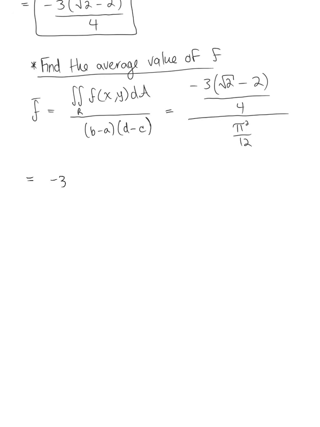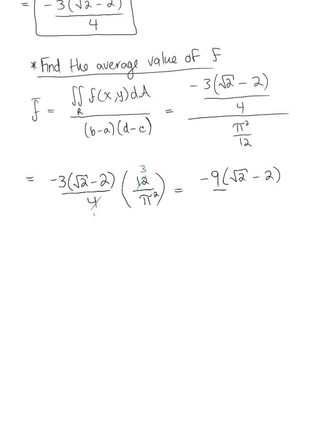So this becomes negative 3 multiplied by the square root of 2 minus 2 divided by 4 multiplied by 12 all over pi squared, which we can simplify. We know that 4 goes into 12 3 times, leaving us with a beautiful final answer of negative 9 multiplied by the square root of 2 minus 2 all over pi squared. And this is our final answer here for the average value of f.